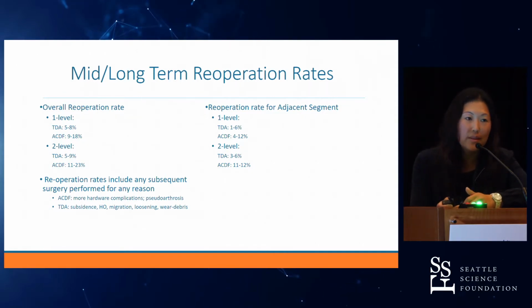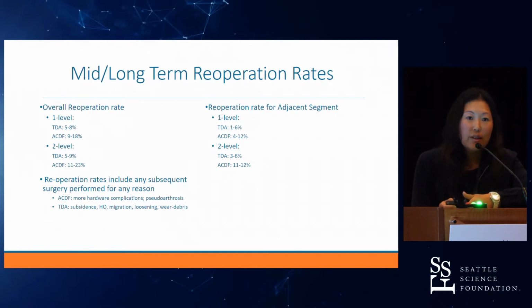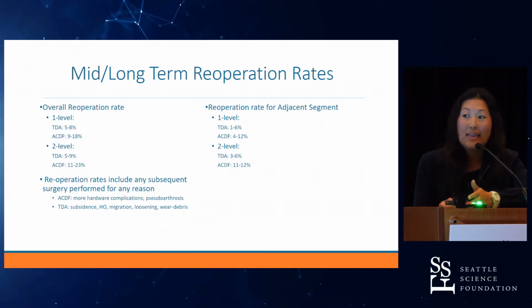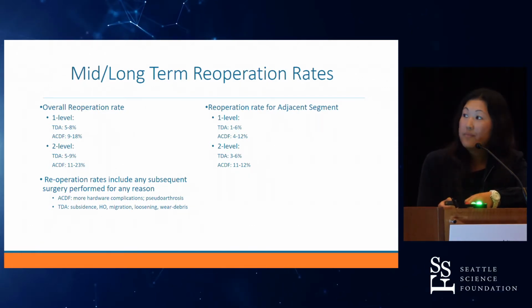We all want to believe that we're at 97, 98%. A two-level ACDF drops down to 80% fusion of both levels, and a three-level ACDF goes down to 65% to 85%.